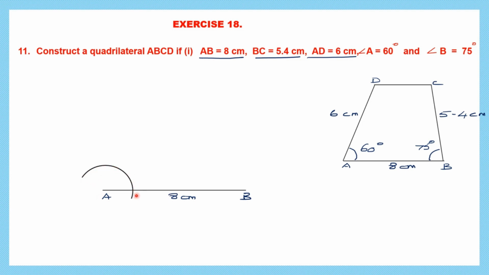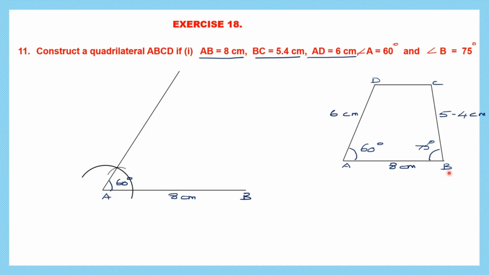Now placing it at this point where the arc has cut the line segment AB, draw one more arc. So this arc is the point of 60 degrees. Draw a straight line through that. So we have a straight line and we have constructed 60 degrees. So at A we have 60 degrees. So we have done this part. We have got angle A is 60 degrees.